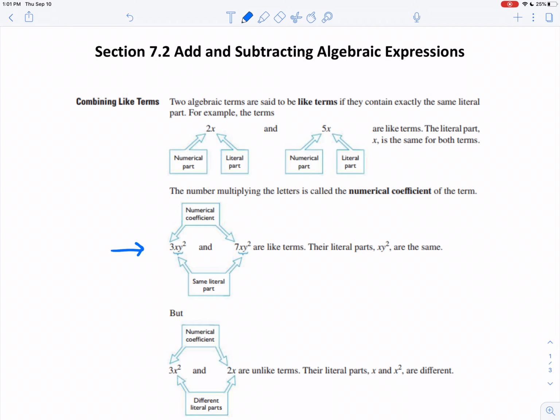And when we combine them, we just combine by adding or subtracting the numerical coefficient. So for example, 3xy squared plus 7xy squared. The literal parts are the same, and they will stay just as they are. If we add the coefficients, the 3 and the 7, this becomes 10. And again, the literal parts, the variable parts, stay exactly the same.